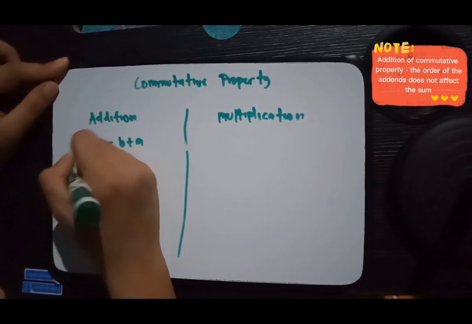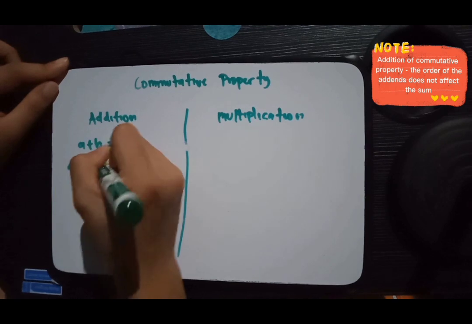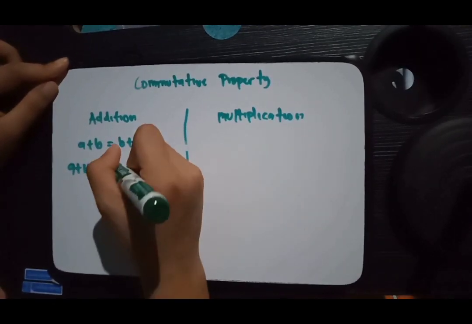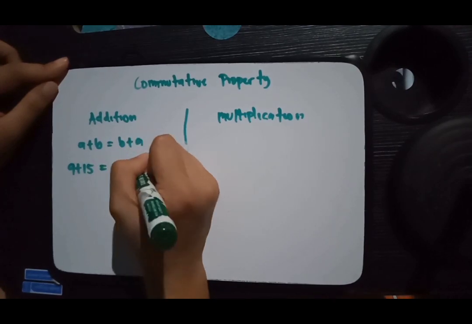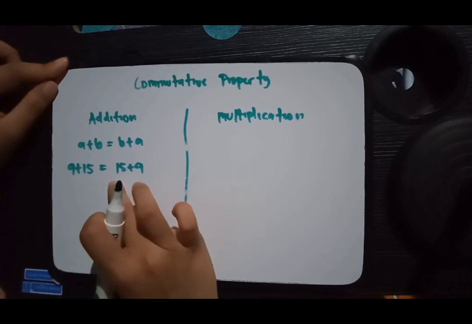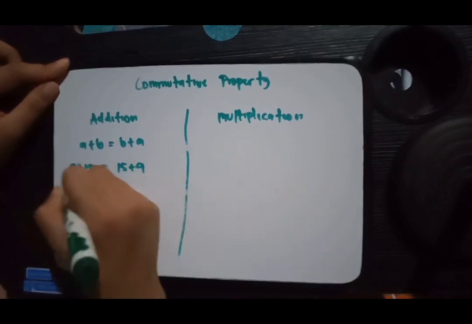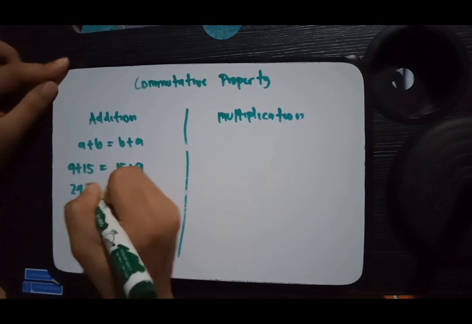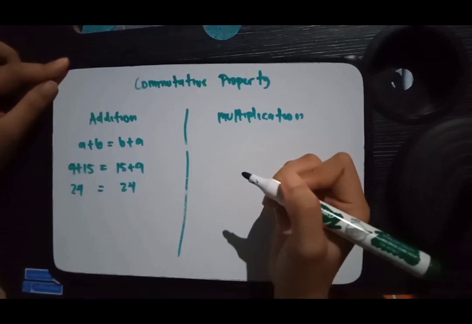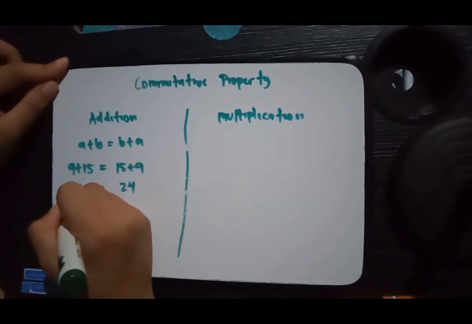For example, we have 9 plus 15, which is equal to 15 plus 9. 9 plus 15 is 24. 15 plus 9 is also equal to 24. The order of the addends does not affect the sum, right?